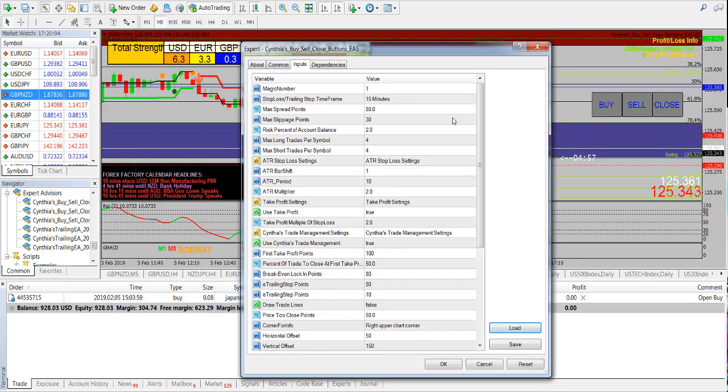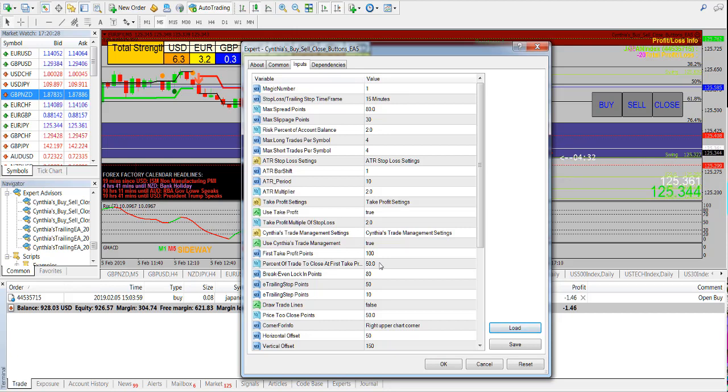So once it hits 10 pips, it's going to close half of your trade, half of your lot size, and book 50% profit. So you need to make sure that you're using a micro broker that allows 0.01 micro trade lot size.